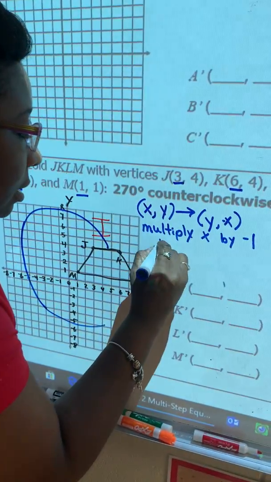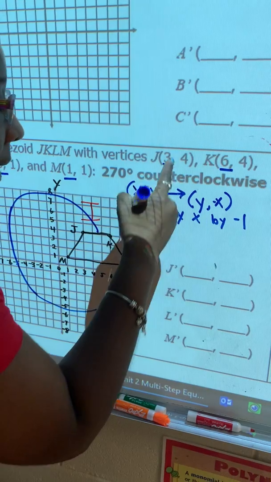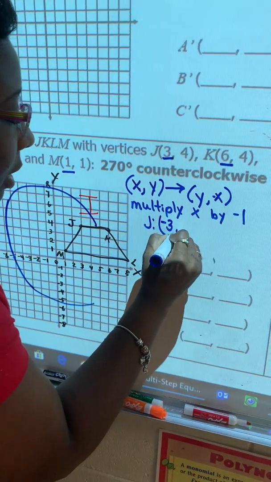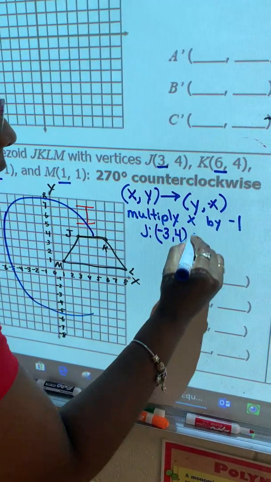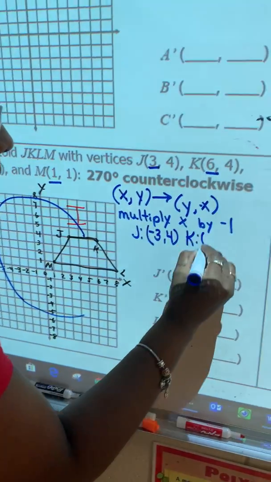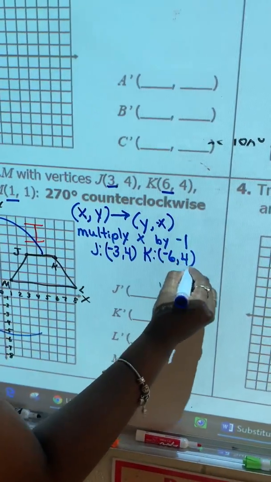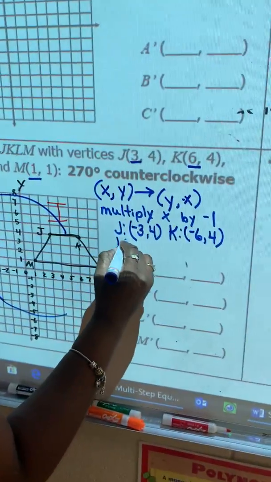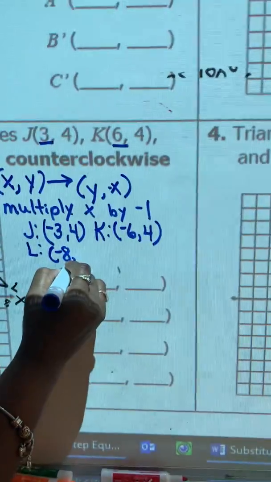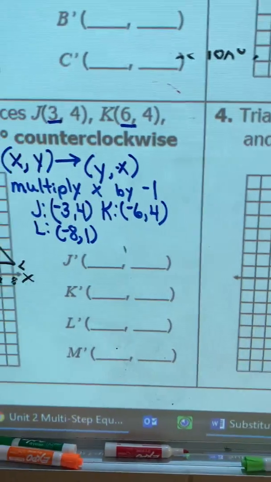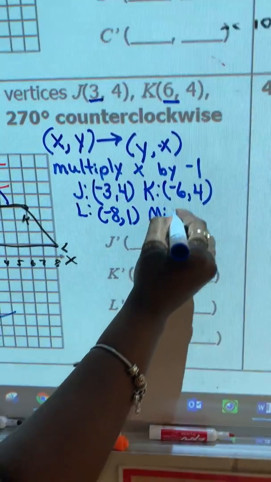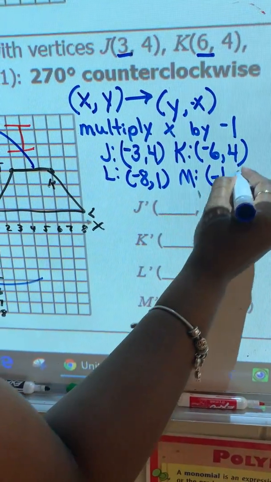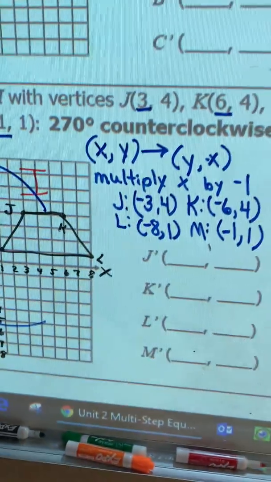So J would be, if I multiply it by -1, it'd be -3, 4. K would be -6, 4. L would be -8, 1. And M would be -1, 1. Because I multiply X by -1.